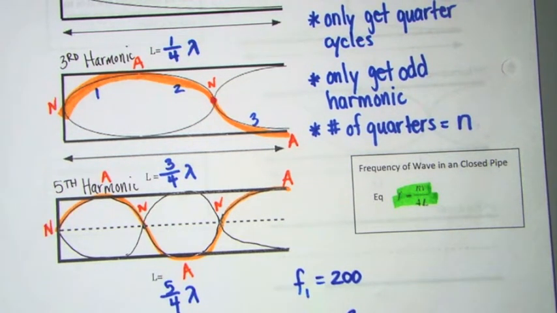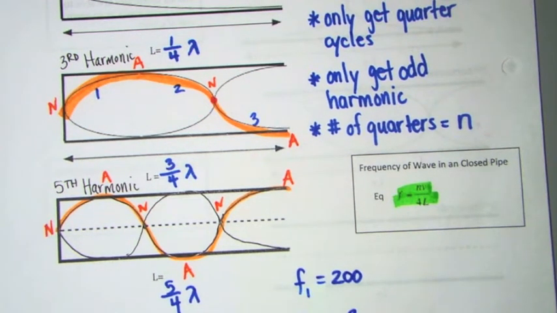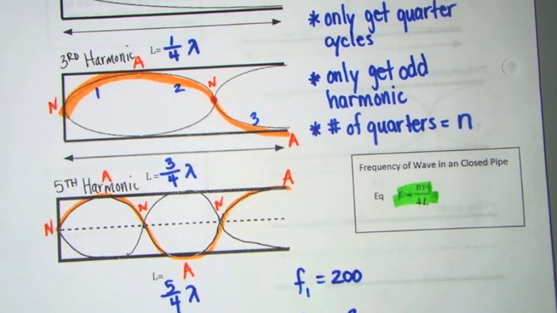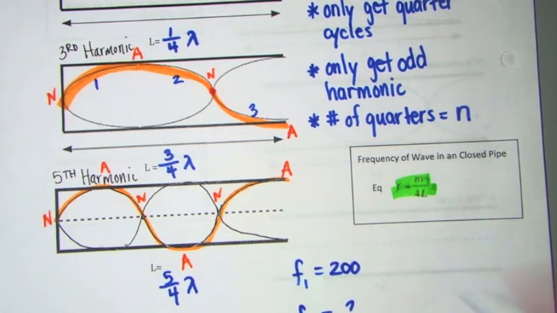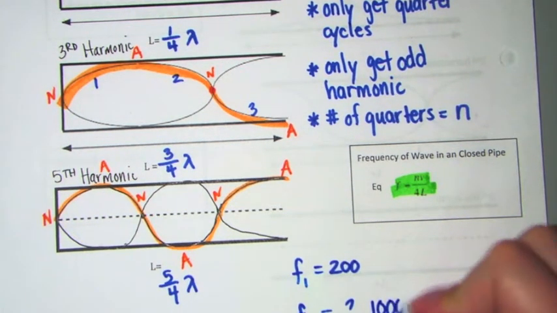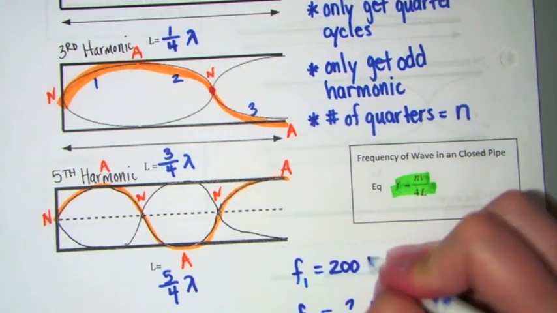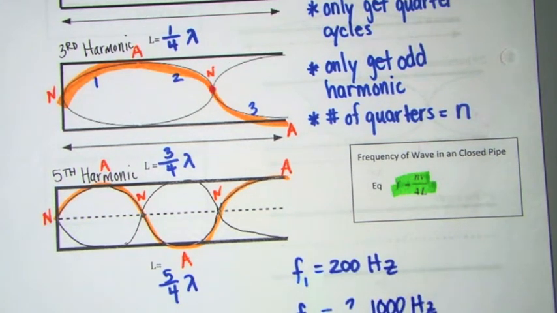Okay? Well, everything is a multiple. That means you're going to multiply if I'm going up in harmonics, right? So what's 5 times 200? 1,000. Exactly. So that would be 1,000. Okay? And vice versa. If I told you the frequency of the fifth harmonic was 1,000, what's the frequency of the first? You would divide by 5. Okay? That's it.